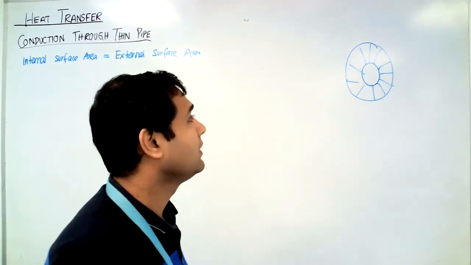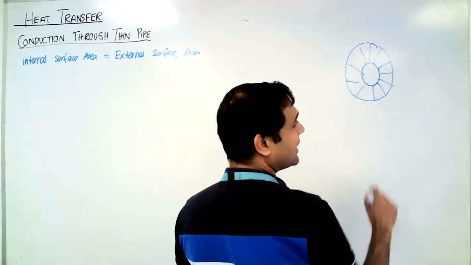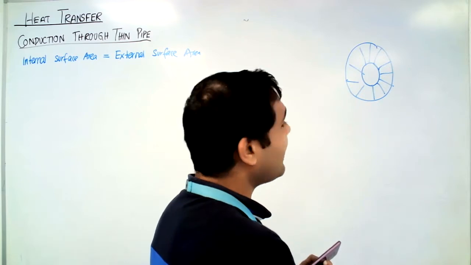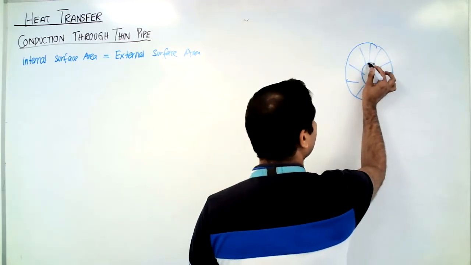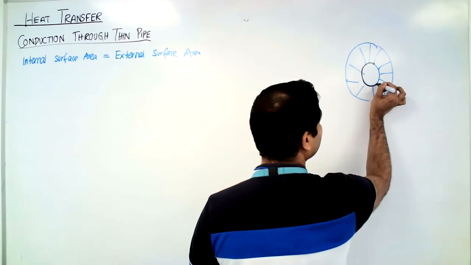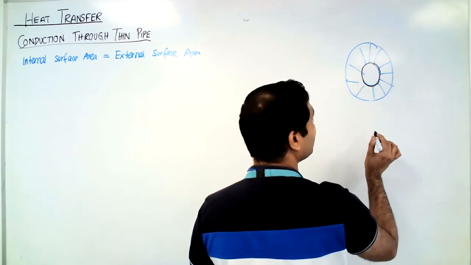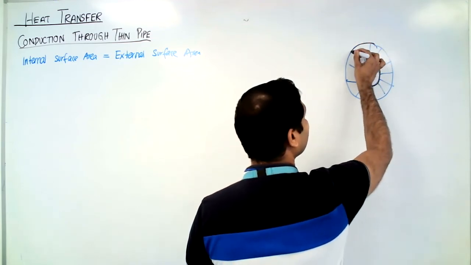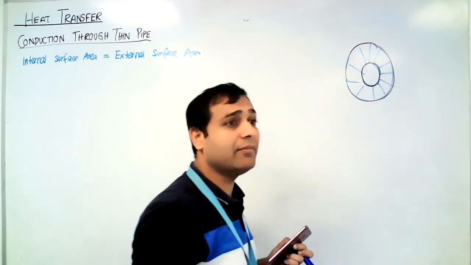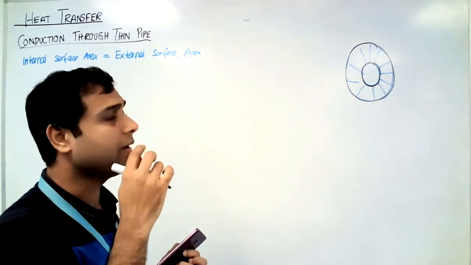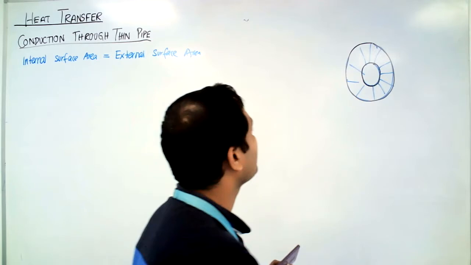In the thick pipe, there is quite a bit of thickness here. If I find the area from here to here, and then I find the area of this one, they will both have different areas, isn't it? Yes, they have different areas.